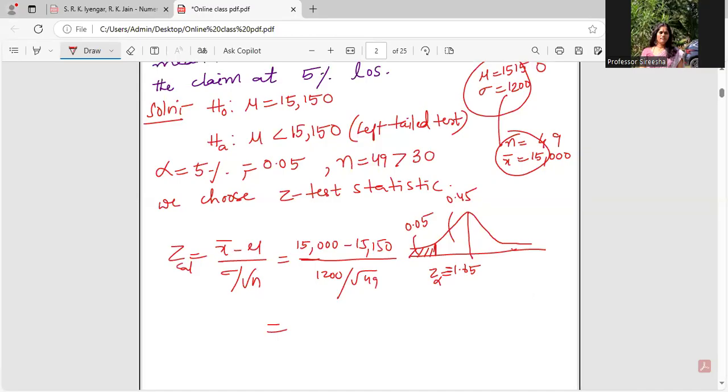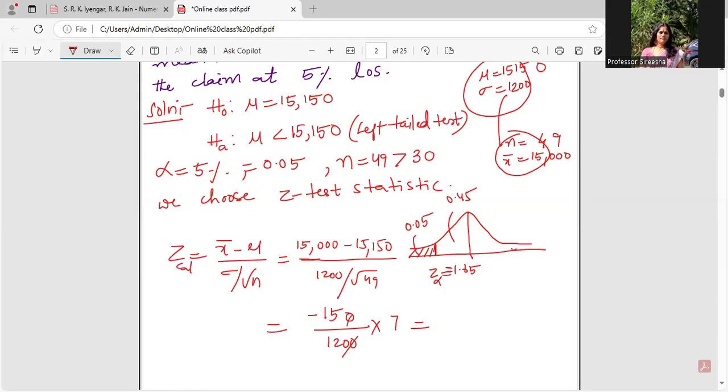So now this gives me minus 150 by 1200 into root 49, which is 7. Accordingly, you will calculate the value. Once you calculate the value, what should I do?